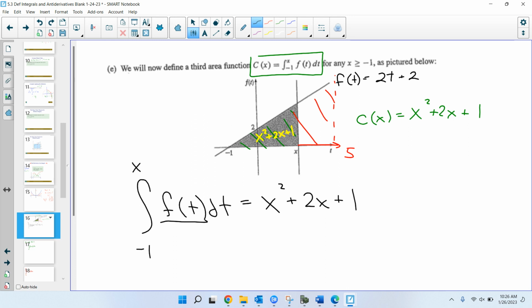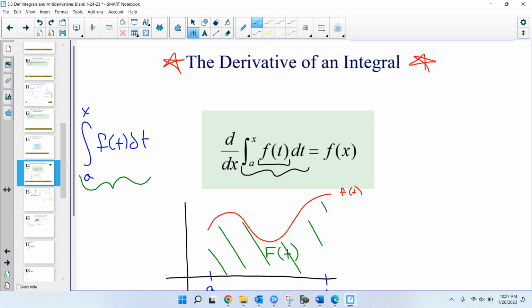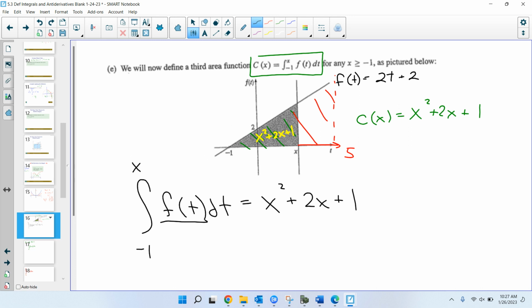Yeah. Now today's lesson, we are taking that worksheet answer, okay, and we're adding a piece of notation to it. They're asking us to take the what of that, the derivative, okay? So if I take the derivative of the left side, I have to take the derivative of the right side. Are you with me?